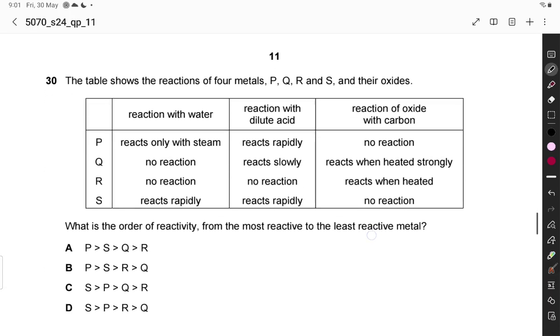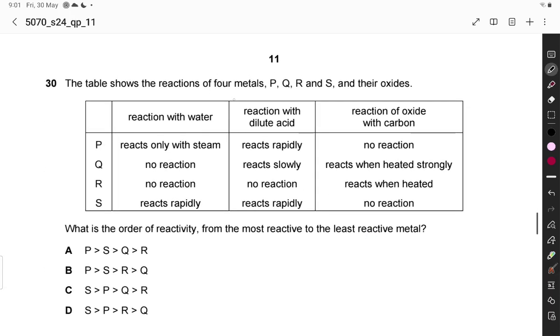The table shows the reactions of 4 metals P, Q, R and S and their oxides. Reaction with water: P reacts only with steam, so it is a moderately reactive metal. Q: no reaction, reacts slowly, reacts when heated strongly.